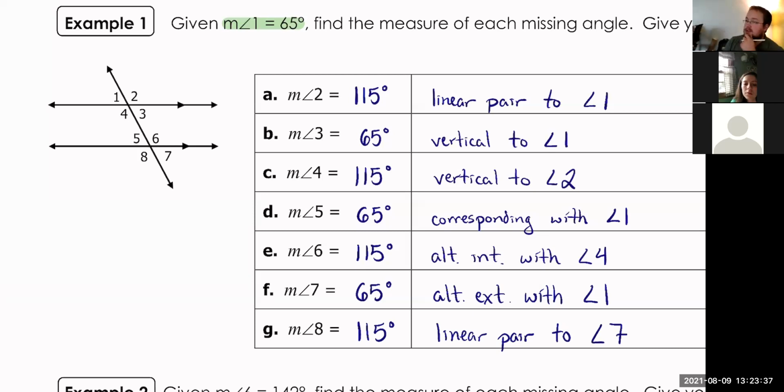Linear pairs are always supplementary, which means if I take angle 7's measurement of 65 degrees and subtract it from 180, I'll get the 115 we just wrote. Any questions on those? Again, the reasoning behind it may vary. The further in you get, the more options you have to explain your answer. But the actual measurements should remain the same.